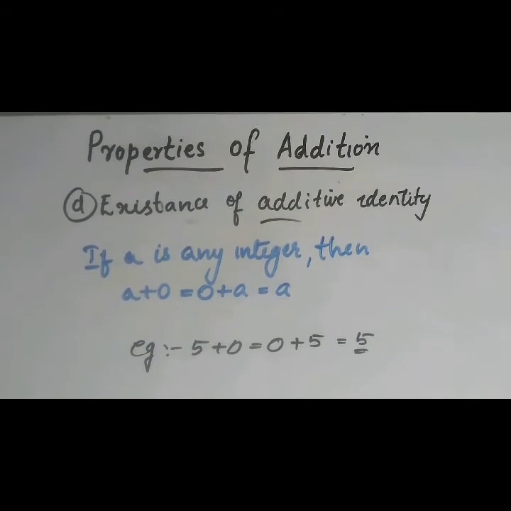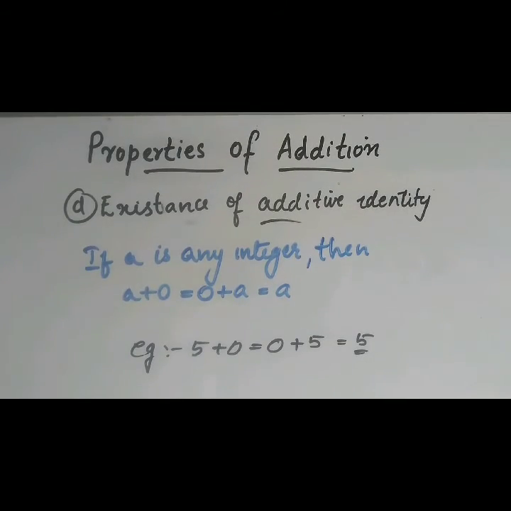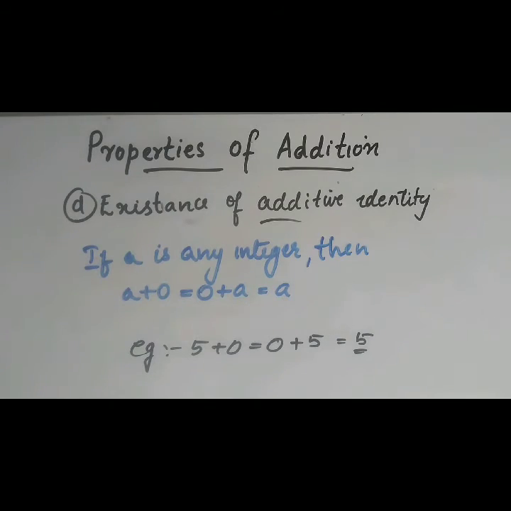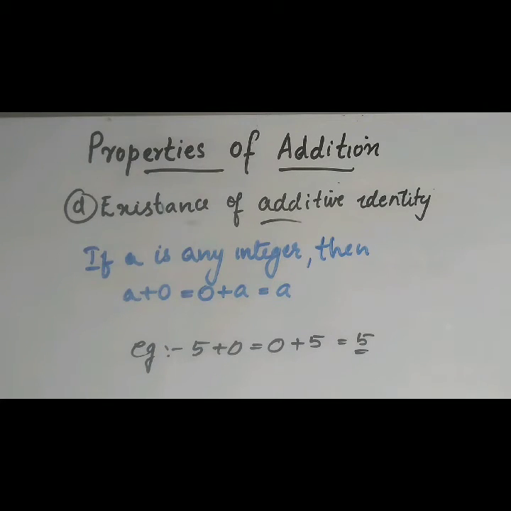Here comes the fourth property, existence of additive identity. What does it say?